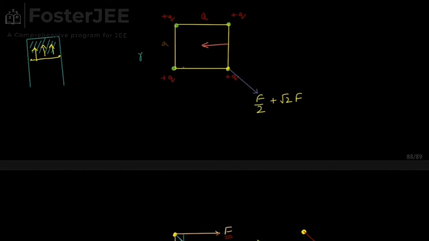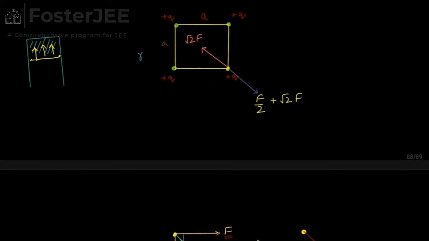Similarly, the net force on this side will be along this direction. So the net force in this direction will be, suppose this force was F and this force was also F, root 2 F.